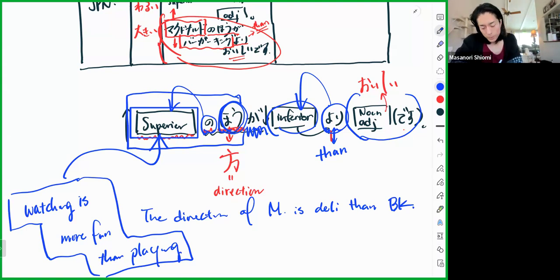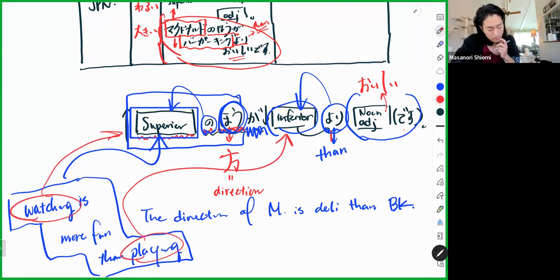In this case, we are putting verbs. Watching is more fun than playing here, right? How do we connect a verb in this case? So if you understand, again, the important thing is knowing the meaning of hou here. Like I said, hou is a noun, right?